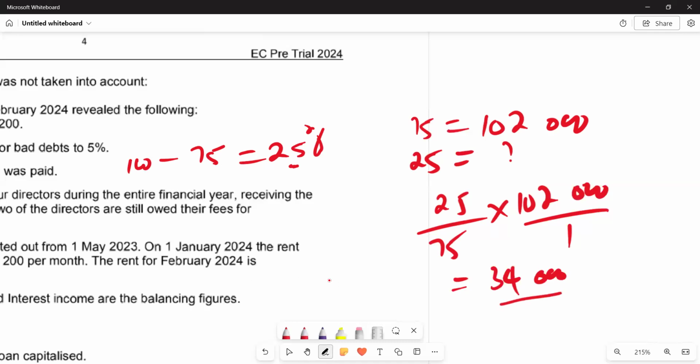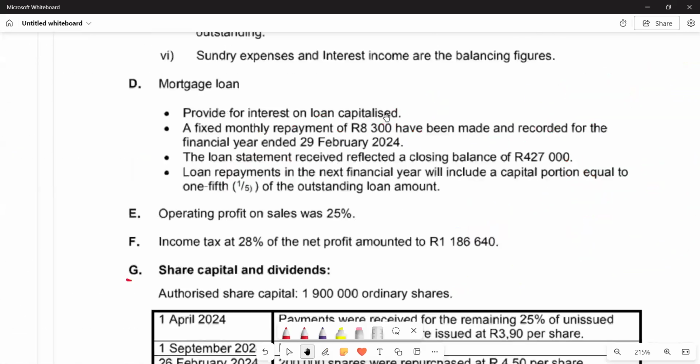So we add them to the 102,000 here, so that we get the total that we are supposed to be paid for the period. So we come to the other section.